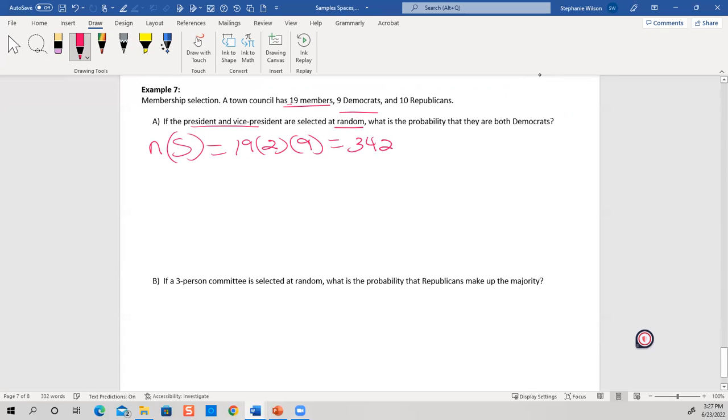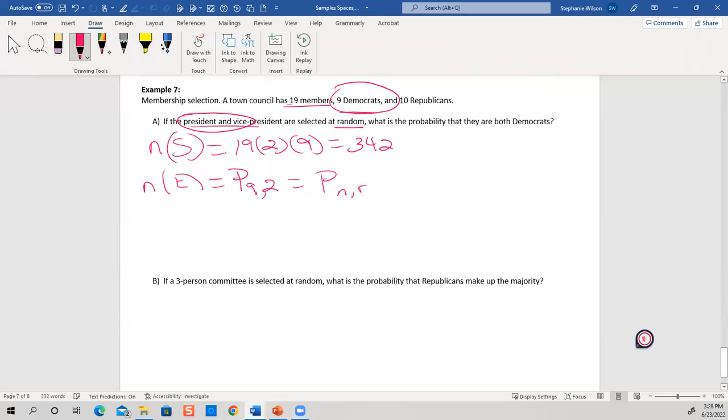Okay, so now I look at this and I notice it's a permutation. So in order to find the number of elements in this event, I need to use the permutation formula. I'm going to write it in a notation that you'll see: I have 9 Democrats, comma, and I have 2 positions. Let me clarify the notation here.